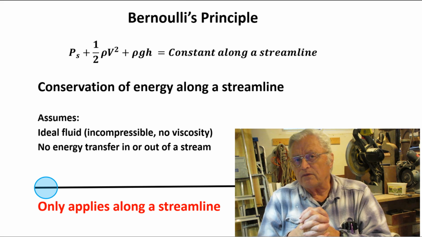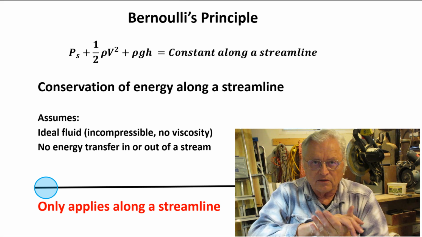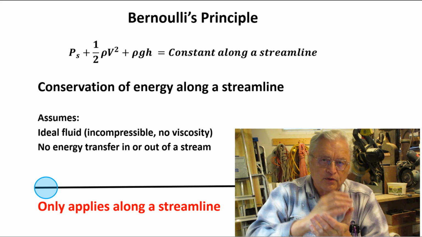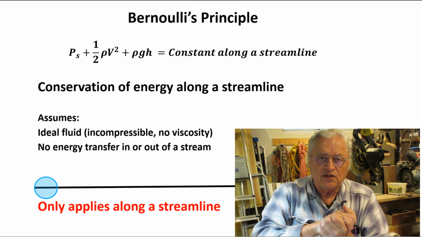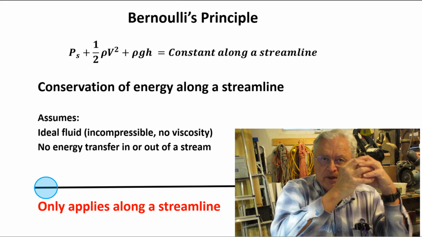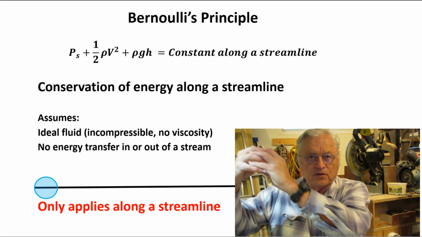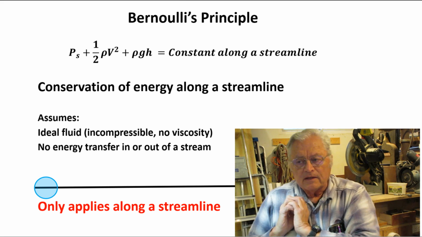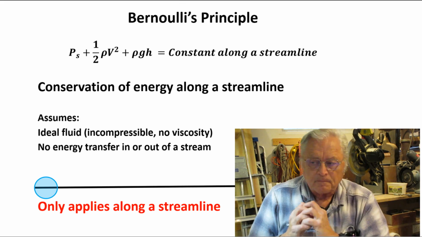That may seem kind of trivial, but it's key to understanding all this. Bernoulli's principle is conservation of energy on a bit of fluid as it travels along a streamline. Nothing more, nothing less.